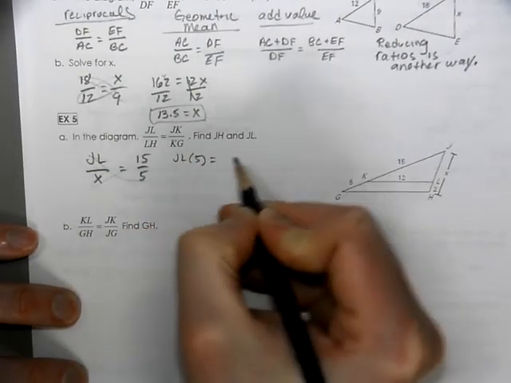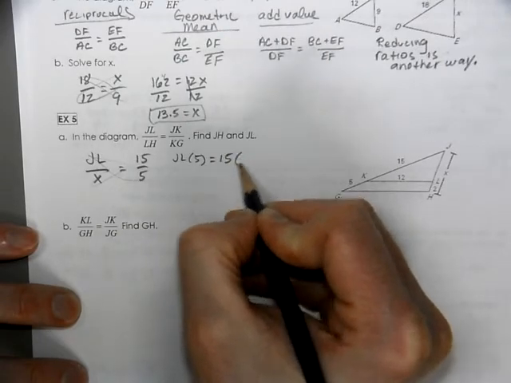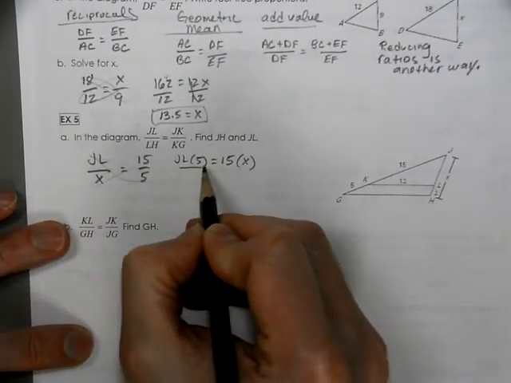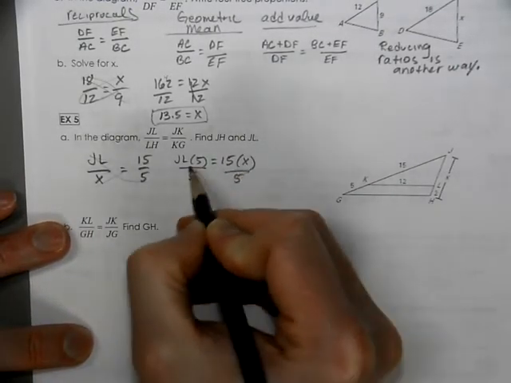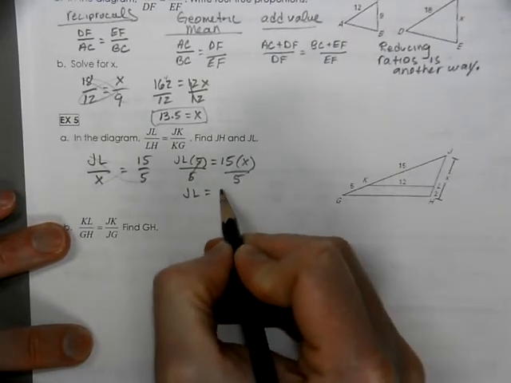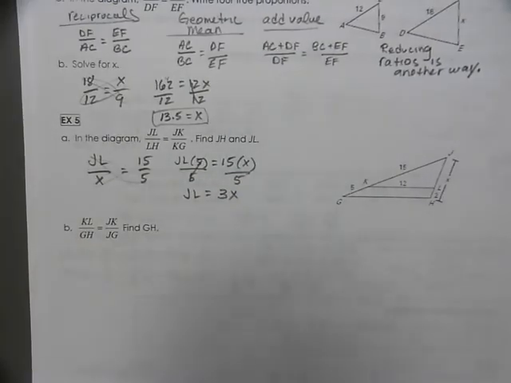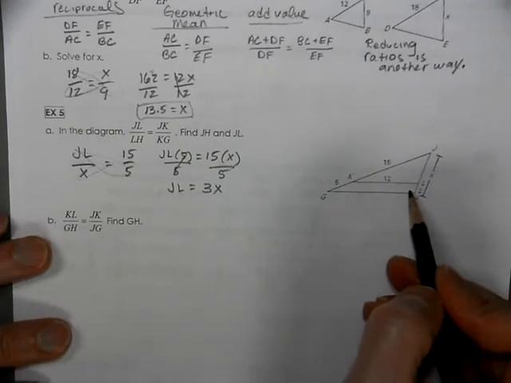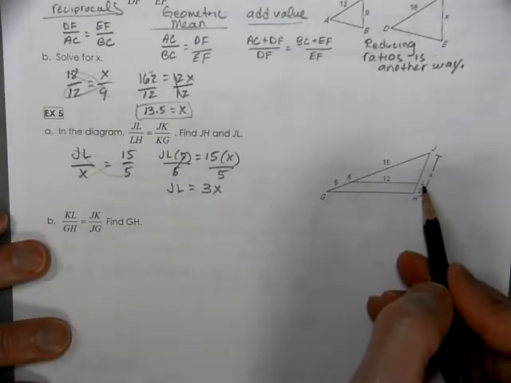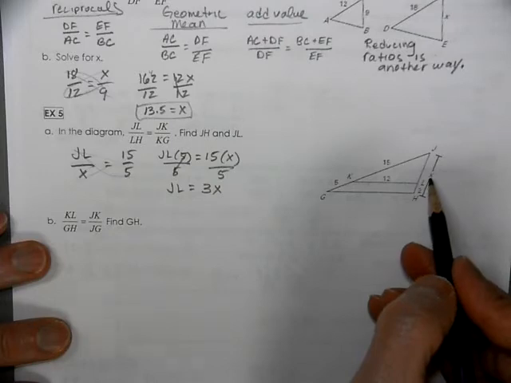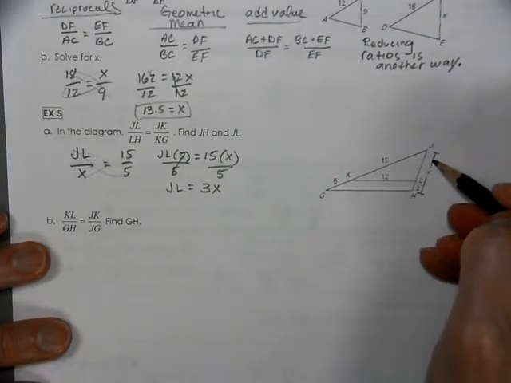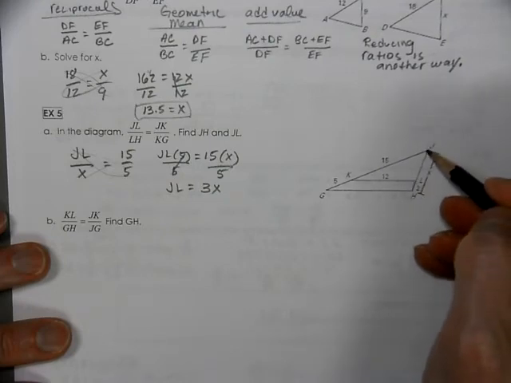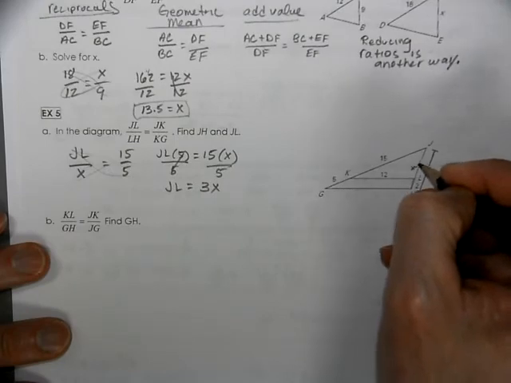JL times 5 and 15 times X. Divide by our 5, so JL is going to equal 3 times the X. Well, what we know about JL is X minus 2. We see that X is a total distance all the way down, not including this 2. So JL here is X minus 2.